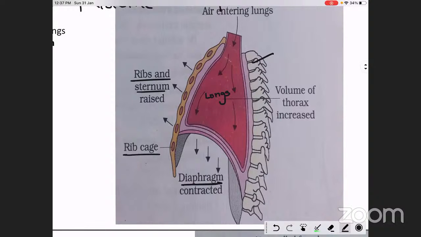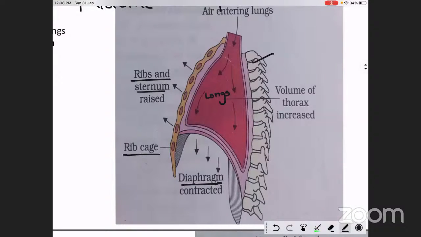Now what is exactly happening, you can also appreciate by touching your hand on your thoracic chamber from outside. Whenever you are inhaling, taking air inside, your ribs and sternum, meaning the ventral wall, are raised outwards, forward, and somewhat upward also.